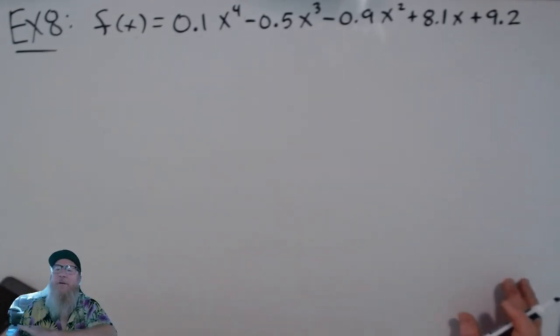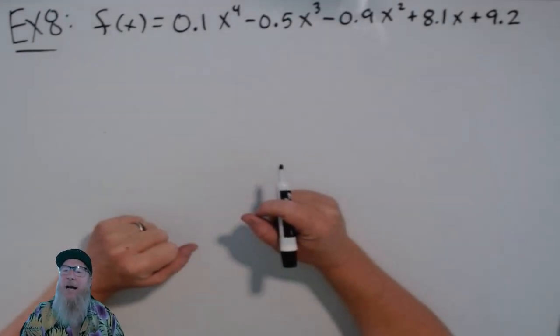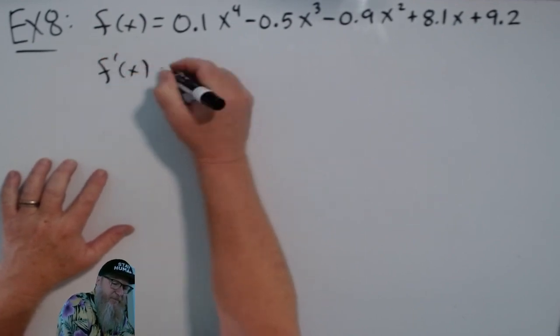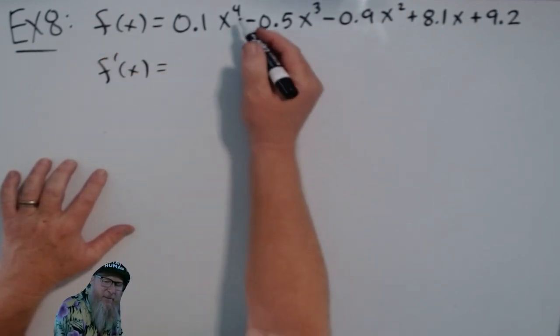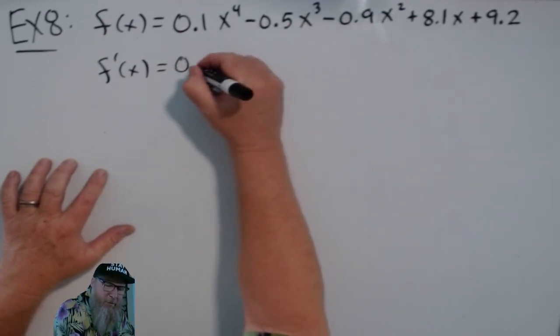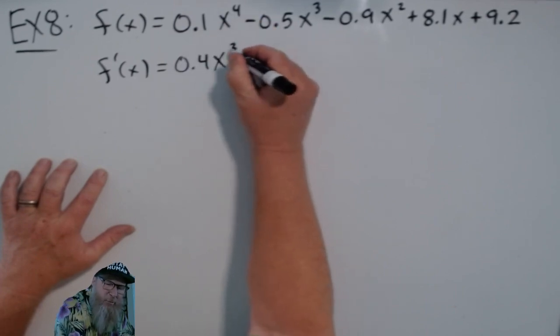So without any further ado, let's get right into it. The strategy has been so well defined. We start with the derivative. You know all the rules of derivatives. This is bread and butter here. Power rule. Just pull the power down, multiply, subtract 1.